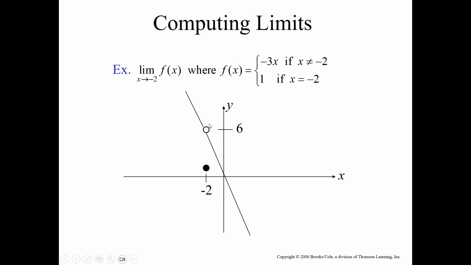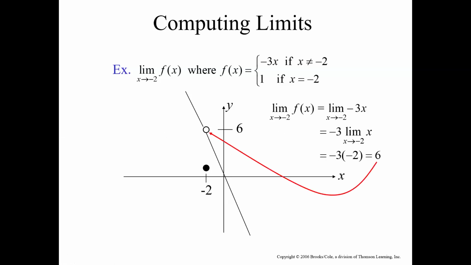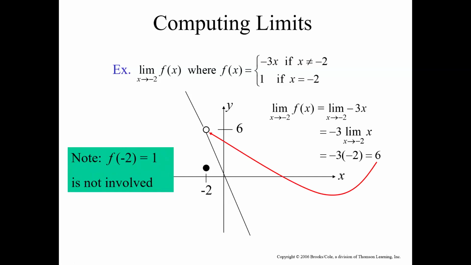So at that point, that will be the limit of the function negative 3x. You substitute minus 2 into the equation. That's the first example we have here. Note that minus 2 for the second one cannot be used because that gives you a constant value.